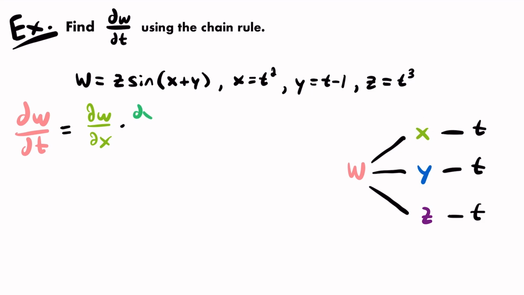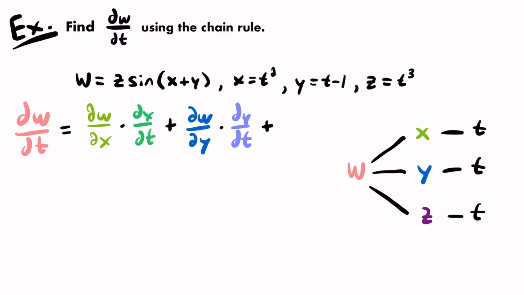So we have dx/dt, and then we'll add that to the term for the second path. We'll take a partial of w with respect to y and multiply that by the derivative of y with respect to t. So we get the partial of w with respect to y times the derivative of y with respect to t. And now we're not done yet, because unlike in our previous examples, there is another intermediate variable.